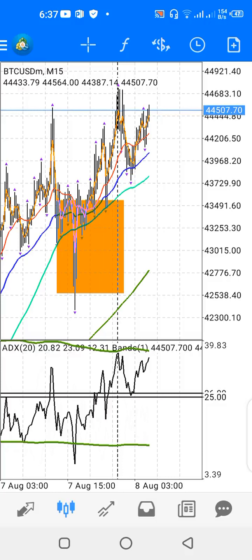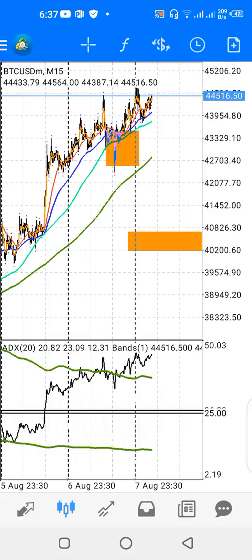For now, the 1 hour and the 4 hour are saying the same thing, that the market is bullish. Even on the daily, you have a breakout to form a higher high, so that's a bullish market structure. So you can come to the 15 minutes time frame to place your buy entry.